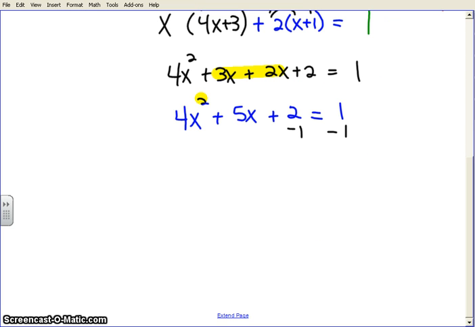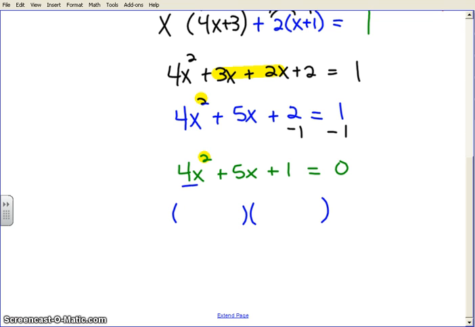So that's going to leave me with 4x squared plus 5x plus 1 equal to 0. Okay, since we do have a quadratic equation, we want to solve it by using a quadratic method. It's good to try to do the factoring first if you can.